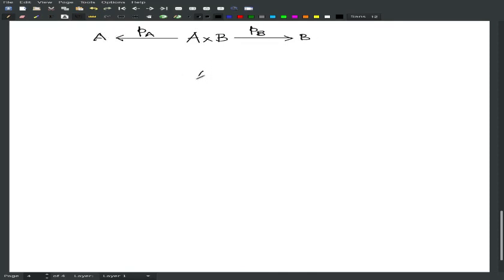Suppose I take over here A cross B itself, and I take over here PA and PB itself. Can you quickly tell me what would be this line?